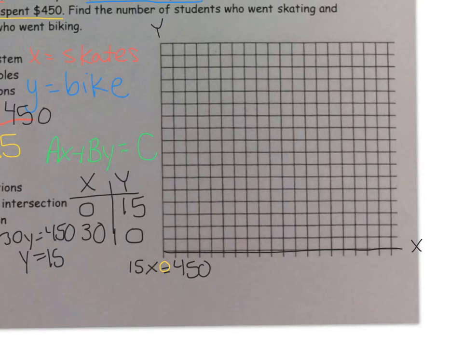So 5, 10, 15, 20, 25, 30, 35. And along this side, let's do the same thing: 5, 10, 15, 20, 25, 30, 35. Over here, skates and bikes. Bake. No, bike. Sorry.